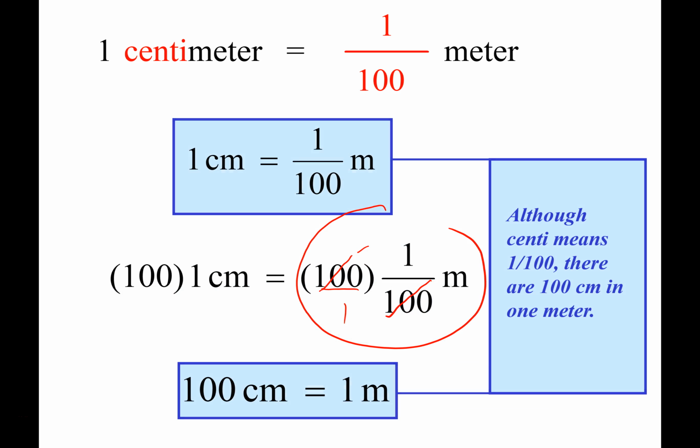My point is, and it's not a profound one, 1 centimeter is equal to 1/100th of a meter. Also, we could say 100 centimeters is equal to 1 meter. Again, the boxes are what we call equivalency statements. This is my equivalency statement, like this is the balance, and I have an equal sign here.